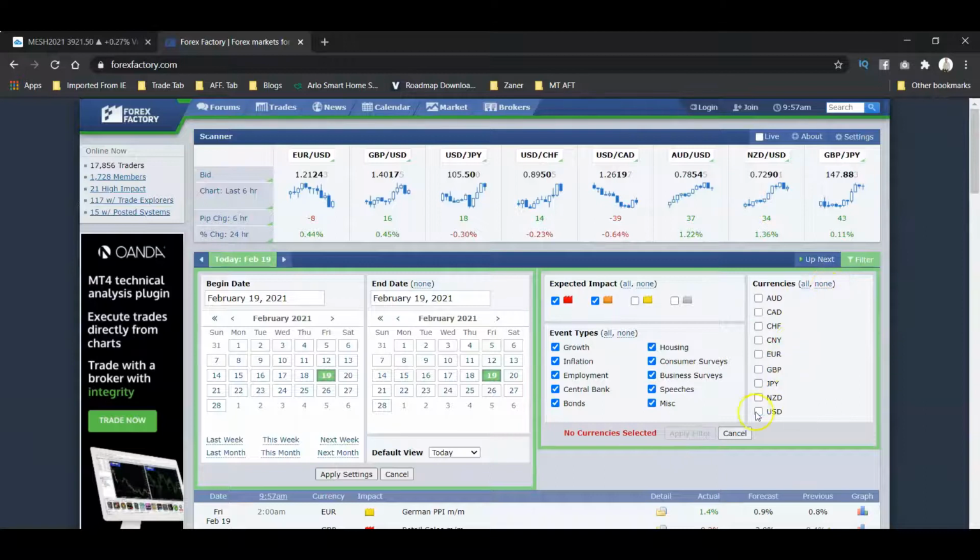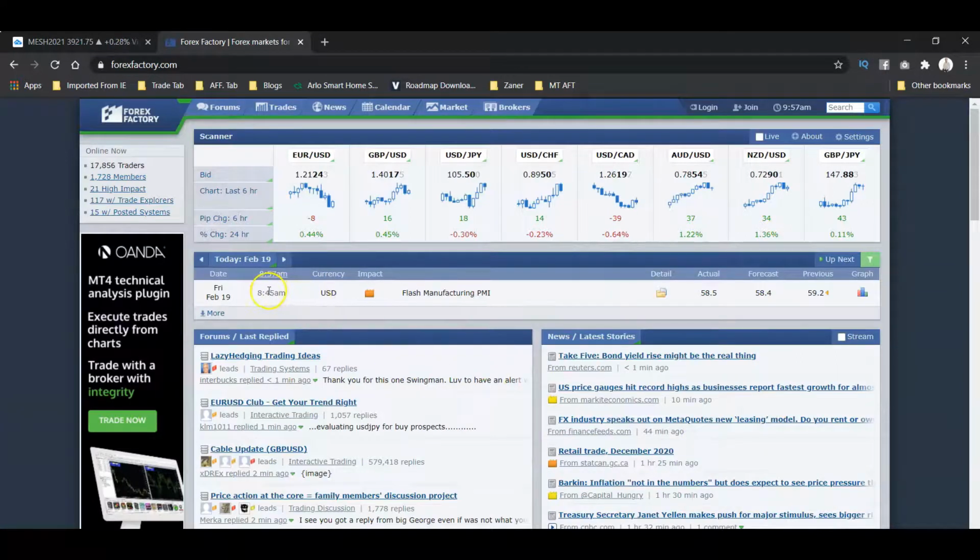Set up just mainly your country and your high impact news. Apply that. And we see here that at 8:45, we have some manufacturing PMI news that came out, or is coming out. Yeah, it just came out. Okay, other than that, we have no other news.